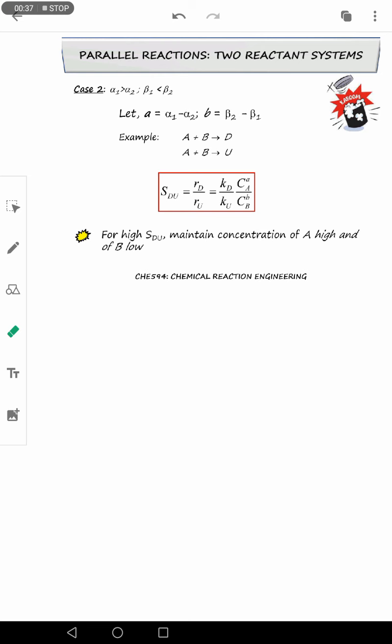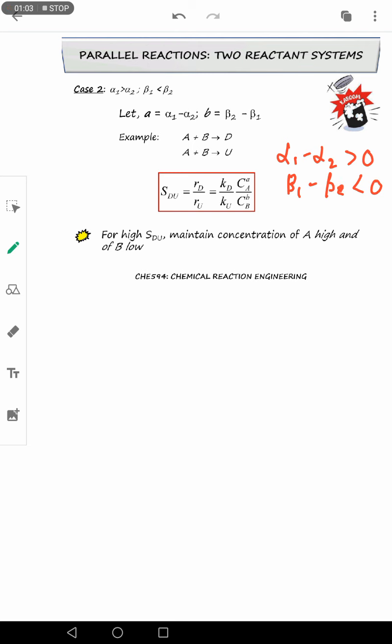So meaning that in this case alpha 1 minus alpha 2 is more than 0, but beta 1 minus beta 2 is lower than 0, because tadi beta 1 dia punya value lebih rendah daripada beta 2 kan.